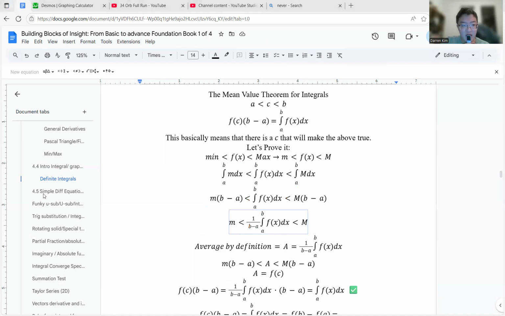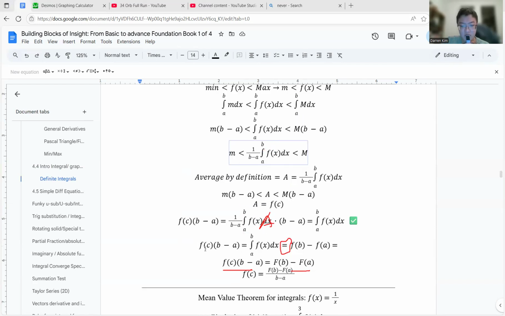When you realize that's the average, let me get my pen open. Okay. Over here, you see this is the average, and on the right side is b minus a, on the left side is b minus a. That's the thing I messed up here.